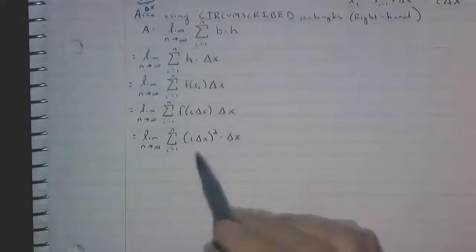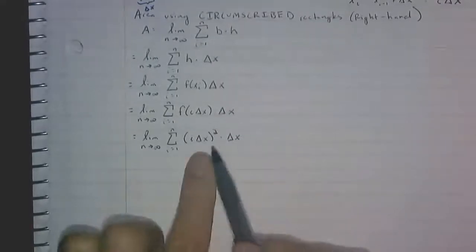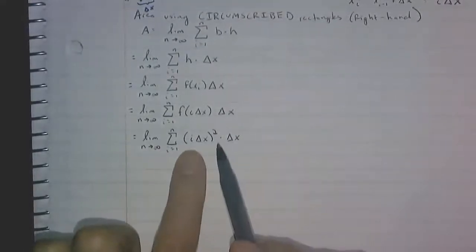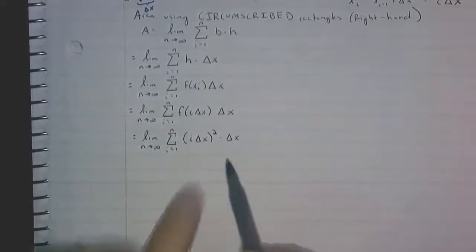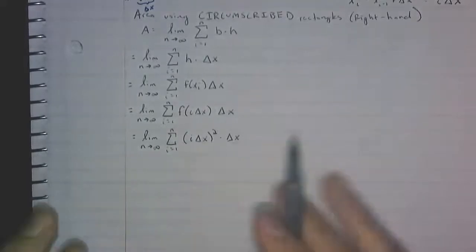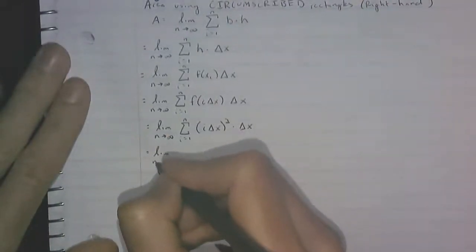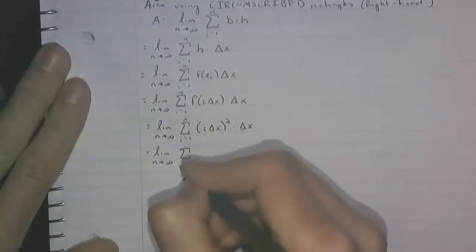So now hopefully you can see that this is quite a bit friendlier than the previous example where we had to expand a binomial. This is going to be pretty nice. I will actually show the intermediate step to make sure we see where the x cubed comes from. This is the limit as n approaches infinity of the sum from 1 to n.